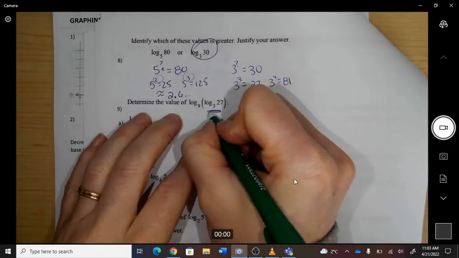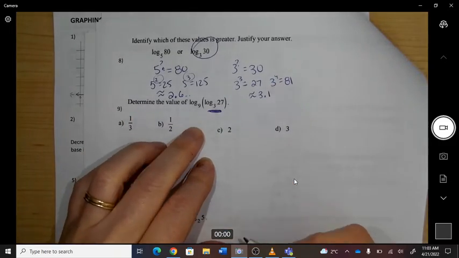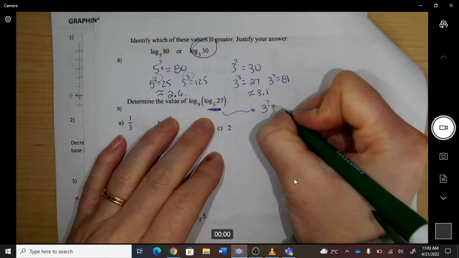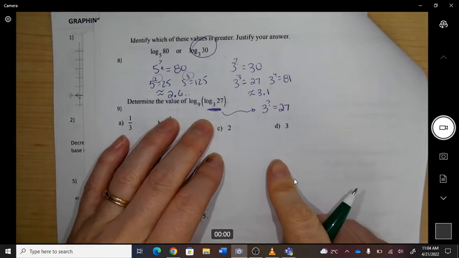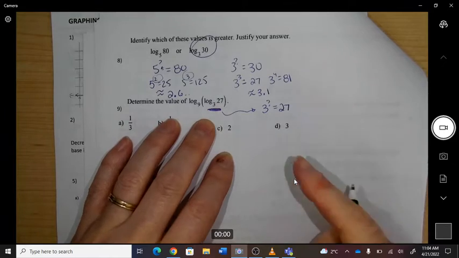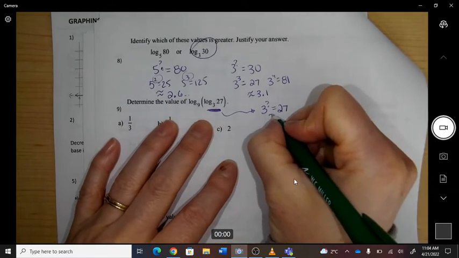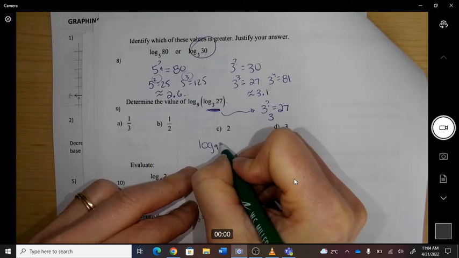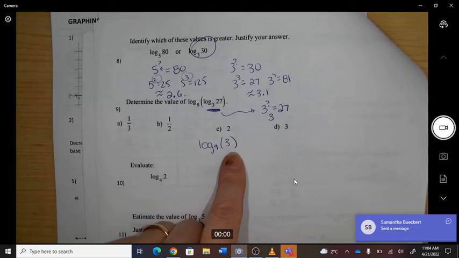Determine the value of this. So we're going to do this part first. My question in my head is, what exponent makes that happen? So that would be a 3. Now I'm going to turn that into a 3.